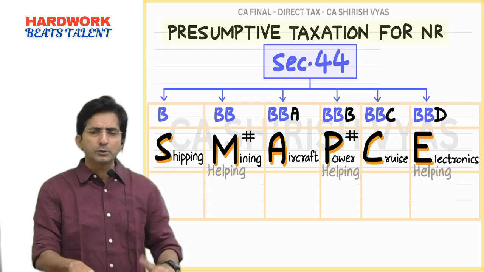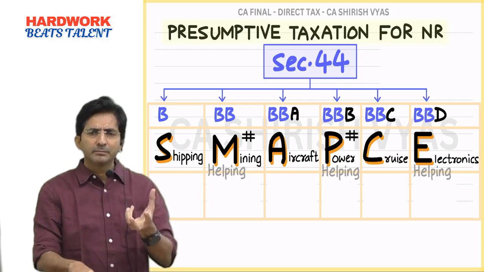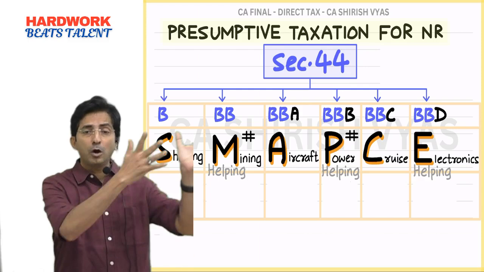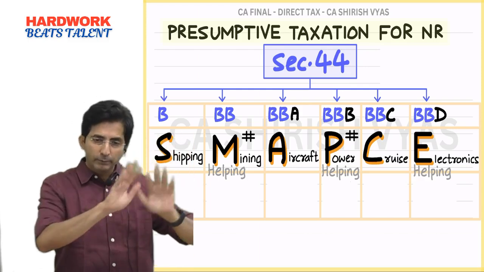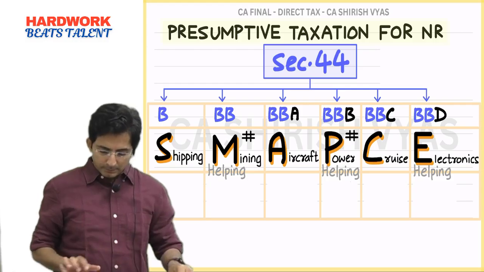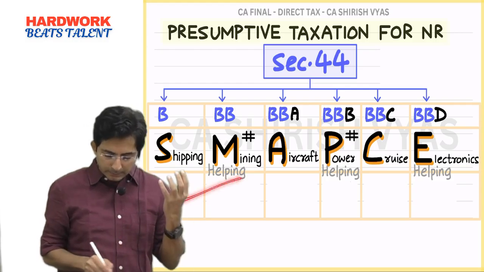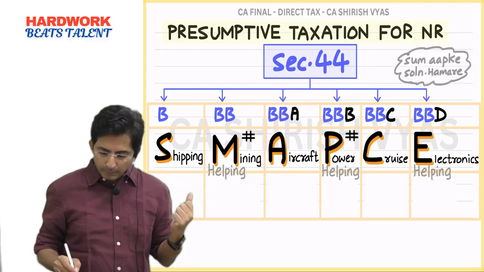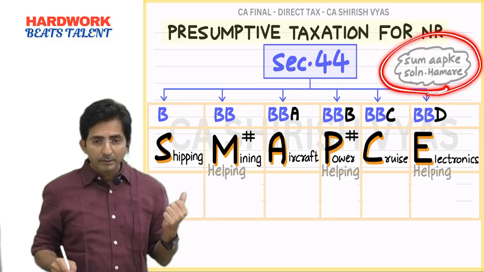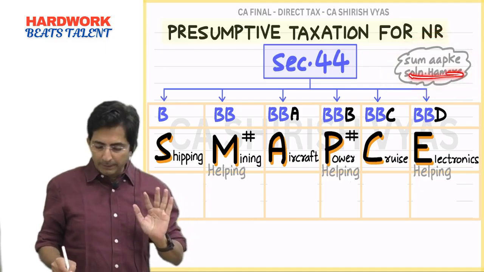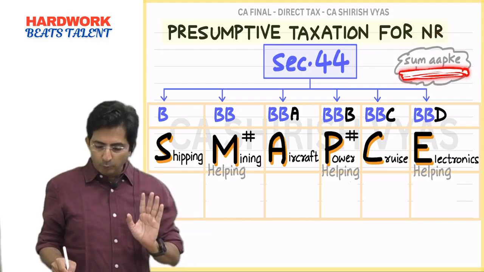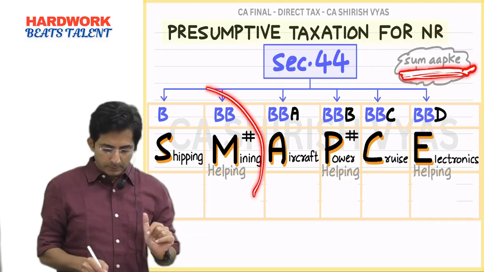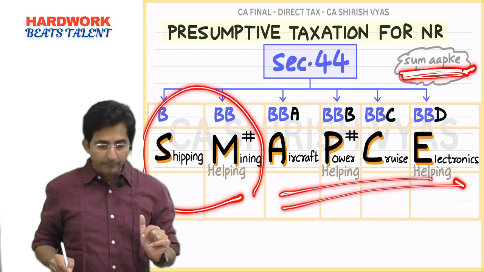You make the questions. Questions means sum. Aapke means yours. And we will give the answers. See, how does this sound come? Sum aapke. See, I have written it also, look here. Sum aapke, solution hamare. But don't take the solution hamare literally. Focus on sum aapke.